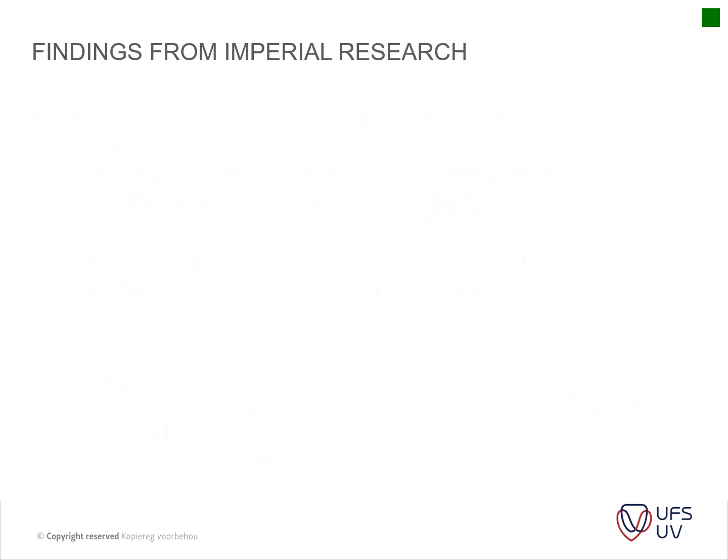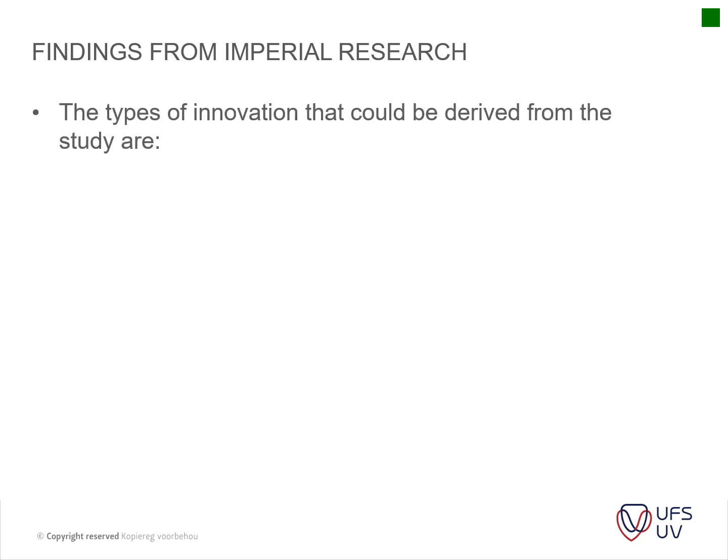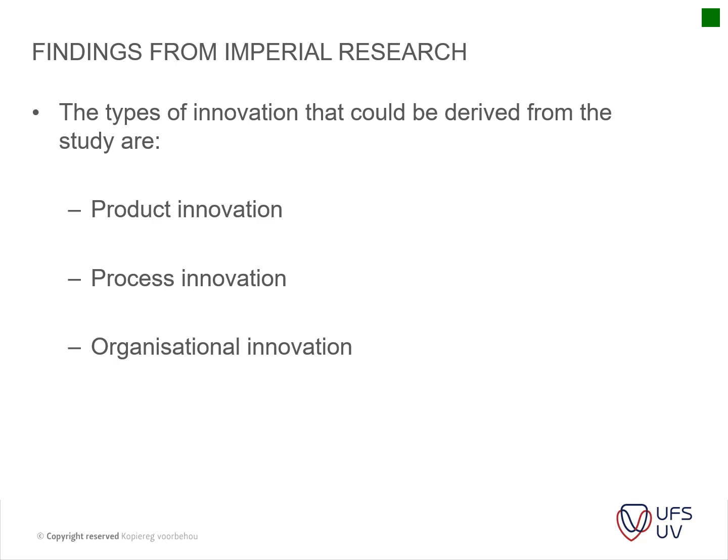Okay, then findings from the empirical research were the types of innovation that could be derived from the study are product innovation, process innovation, and organizational innovation, and then marketing innovation.